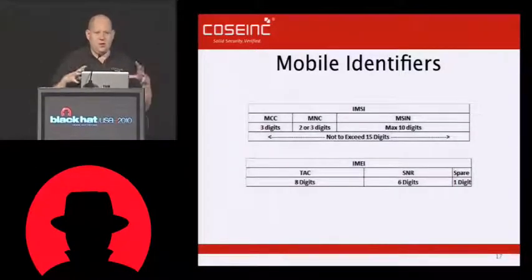within the mobile GSM environment, there are a few key identifiers that are useful to know: MCC, MNC, IMSI, and the IMEI. Right. So the MCC is the mobile country code, and with the MCC, you can tell which country a specific phone number or a specific IMSI is from. The MNC is the network code.